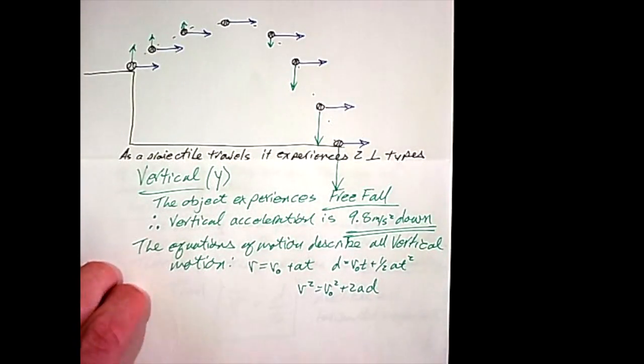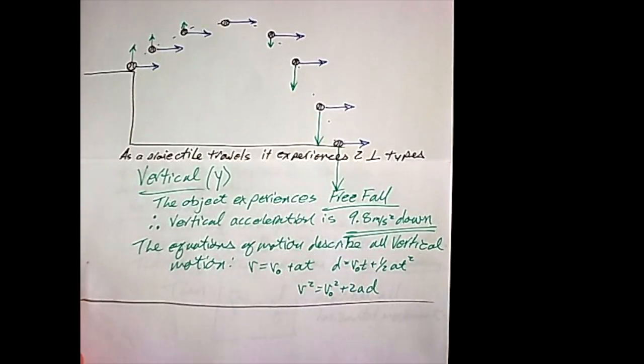Except there's a problem. And that problem is fairly organizational, notation-wise. In the horizontal direction, we have movement, we have distance, and we have time. In the vertical direction, we have movement, we have distance, we have time, and acceleration. To tell the difference between v horizontal and v vertical means that we have to introduce something else to tell which v is which.